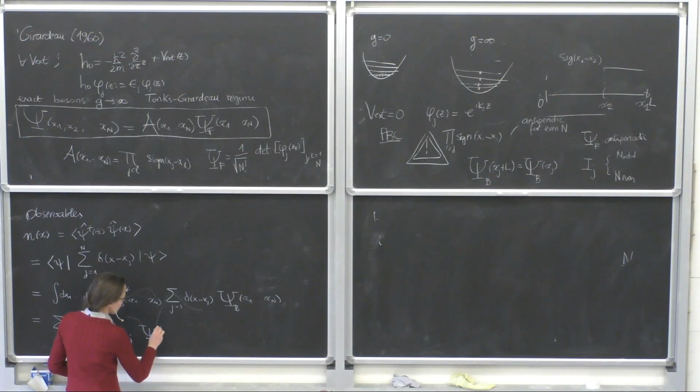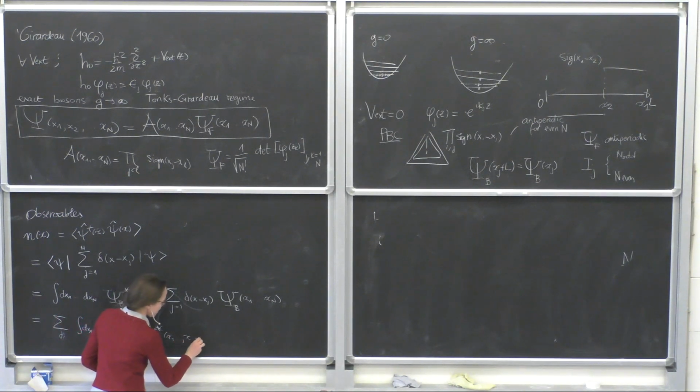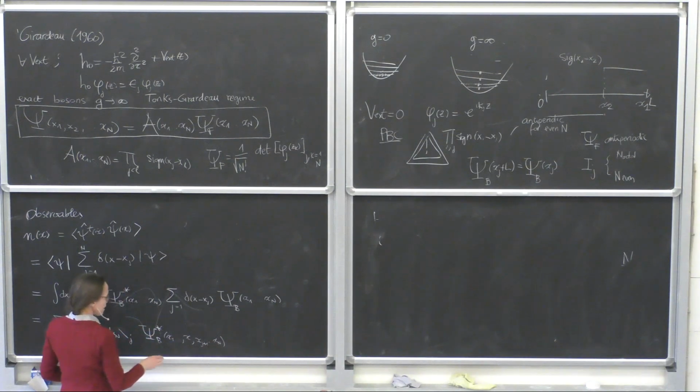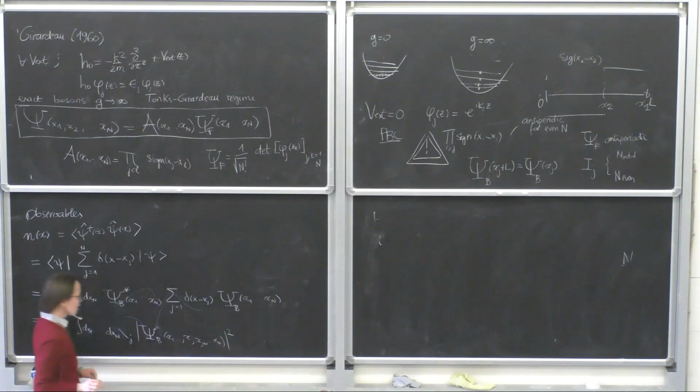Then I have psi star b of x1, and so on, at position xj I put x, then j plus 1, up to xn. And the same for psi b. So it's the modulus square of psi b.